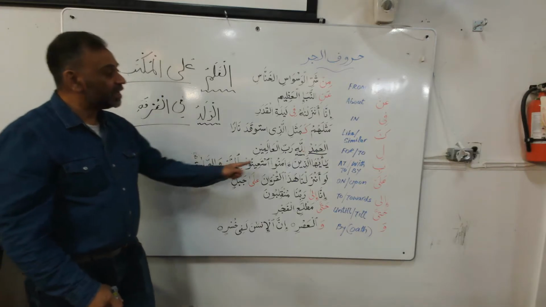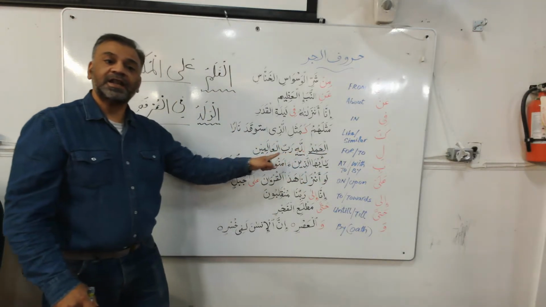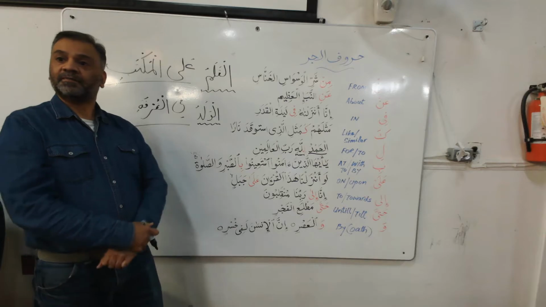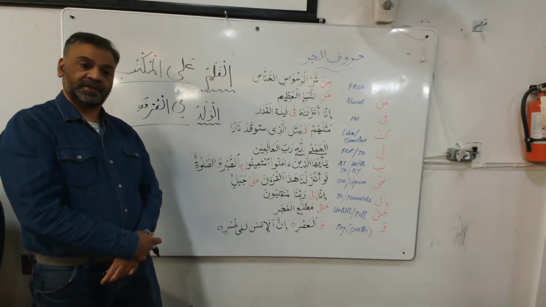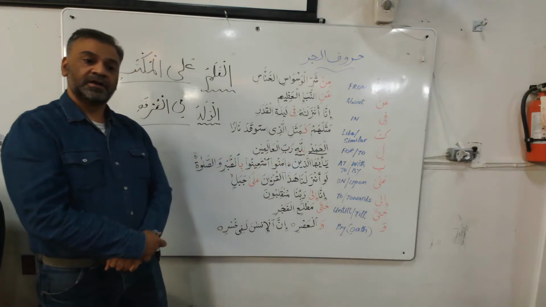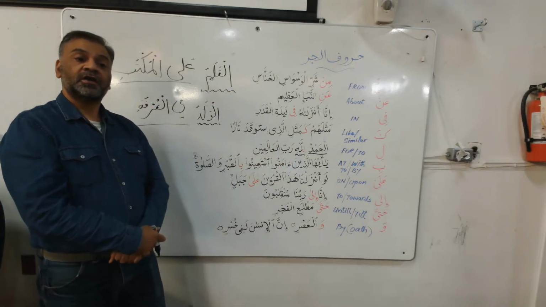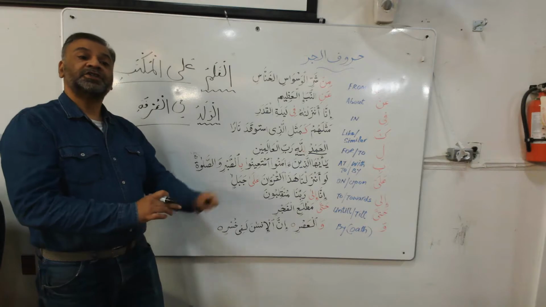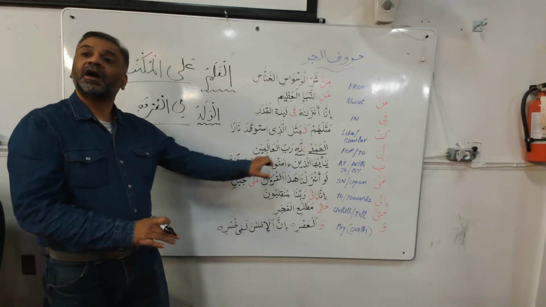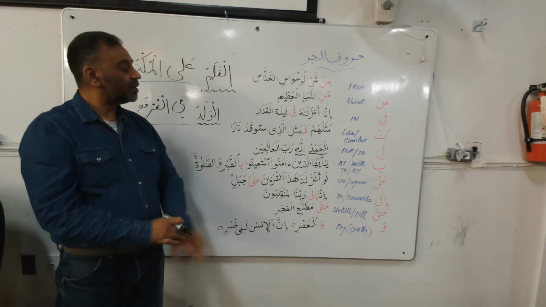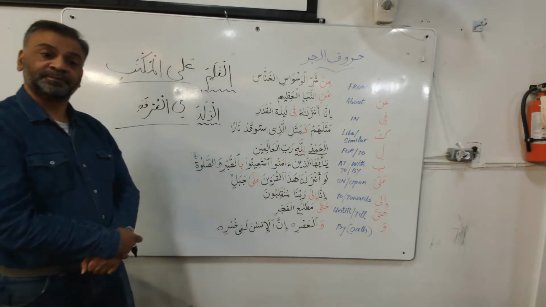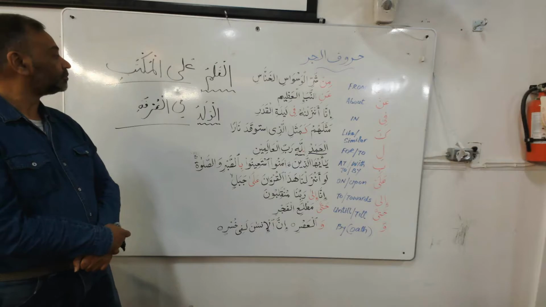You say li, for Allahi, for Allah. All praises are for Allah. This is your khabar. So we say jarun wa majrurun shibu jumla khabar, right? Shibu jumla khabar. So this is your jumla ismiya, right?